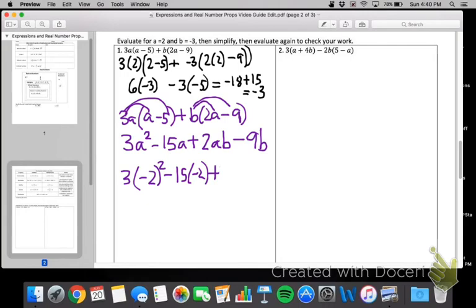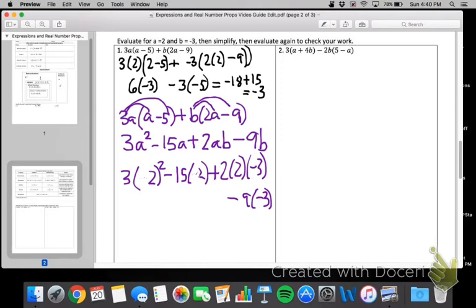Oh, the whole thing's positive 2. There we go. Positive 2's. 3 times 2 squared minus 15 times 2 plus 2 times 2 times negative 3 minus 9 times negative 3.